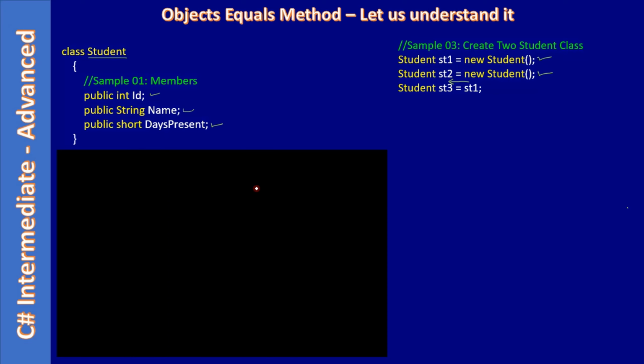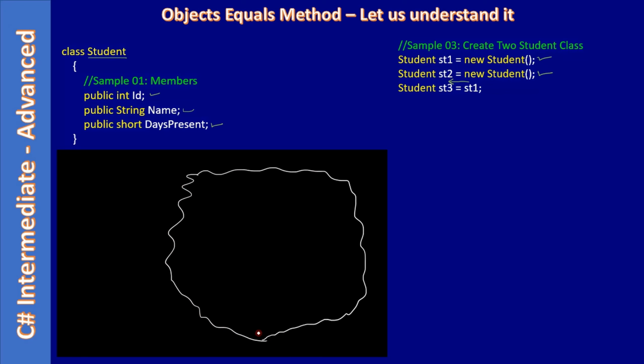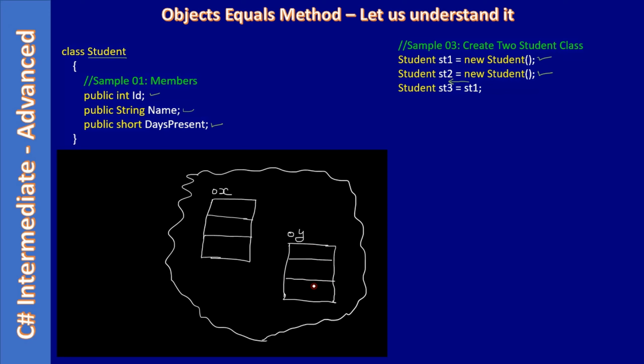Here we are creating a new student. So let's say this is the heap location. And there is one more student created in the next line. That heap location also contains 3 compartments to store ID, name, and number of days present.